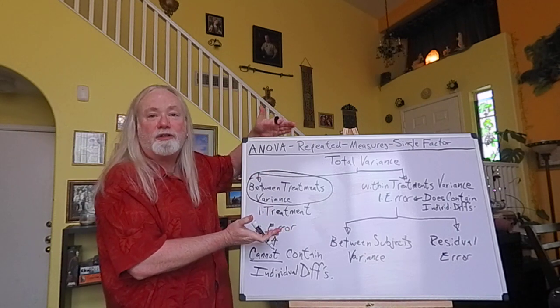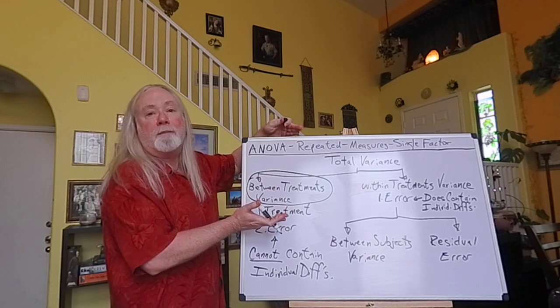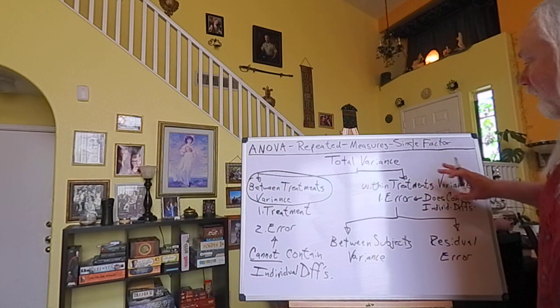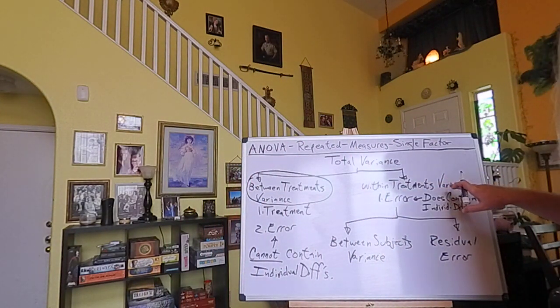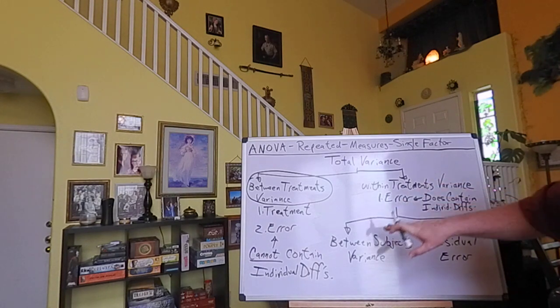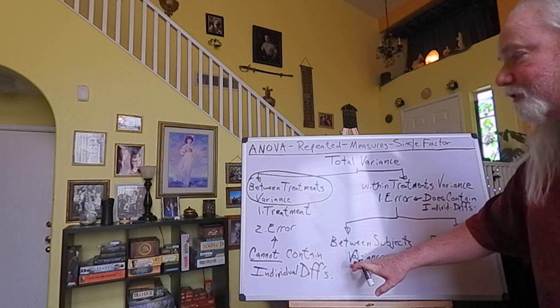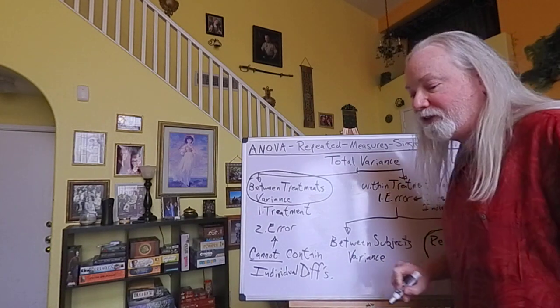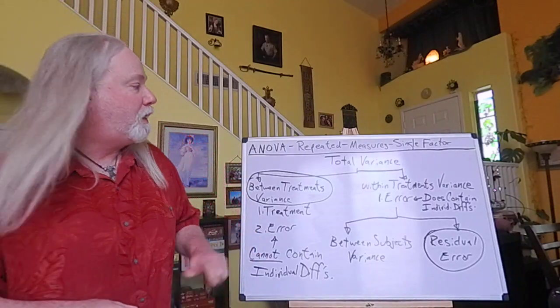Same calculations, all the same. But our denominator, instead of using the within treatments variance as our error, we're going to calculate the individual differences between subjects, subtract it out, and simply use what's left as our denominator.